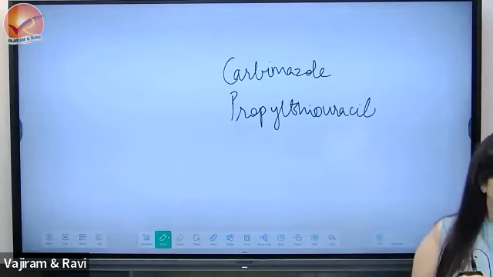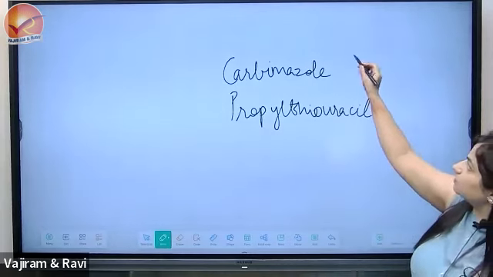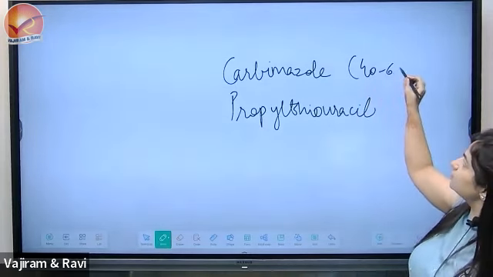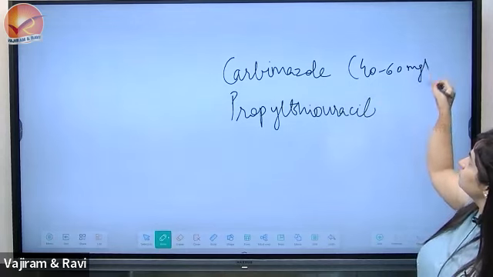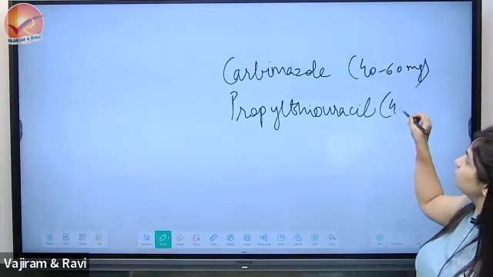Now in this, write down the doses also in the bracket if you want. This is 40 to 60 milligram per day. This is 400 to 600.